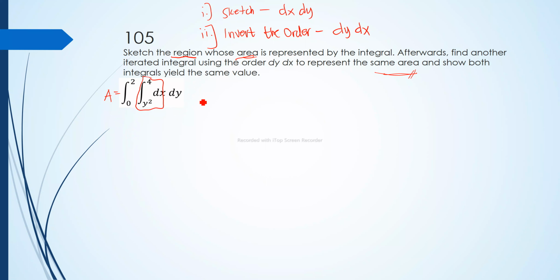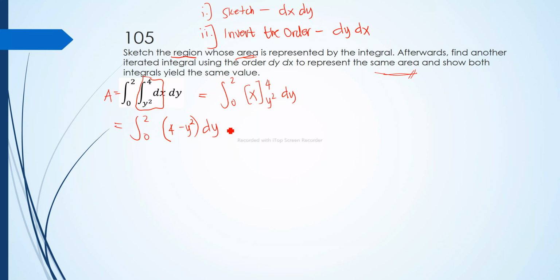The integral of dx evaluated from y squared to 4 is just equal to the integral from 0 to 2 of x evaluated from y squared to 4, dy. So we have the upper limit, which is 4 minus y squared, dy.